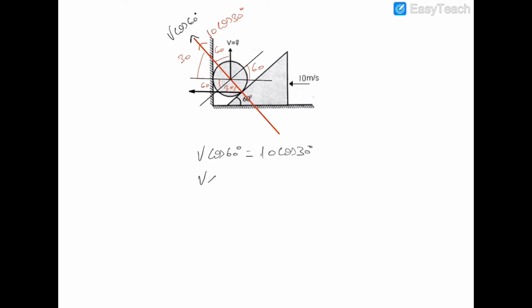So V cos 60 is 1 by 2 and 10 cos 30 is root 3 by 2. So V will be 10 root 3. Now these kinds of problems are very simple to do, and I am demonstrating 2 or 3 more problems like that, and then we'll move on to the next type of questions.